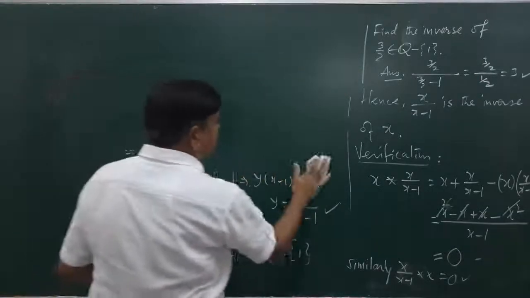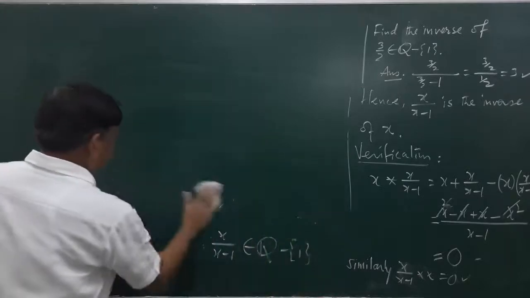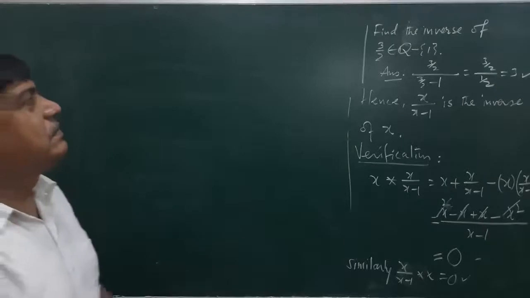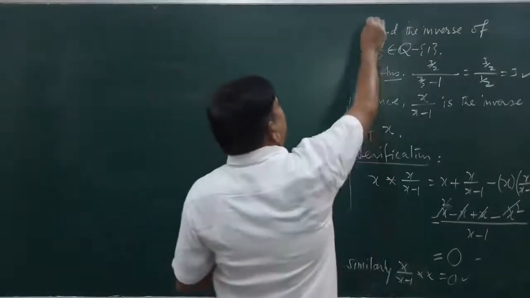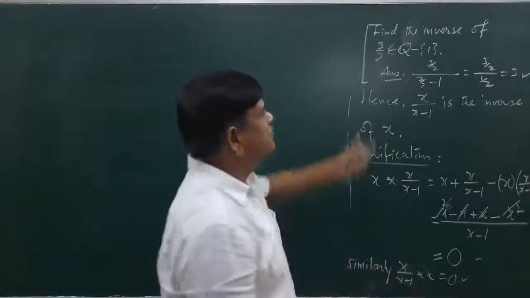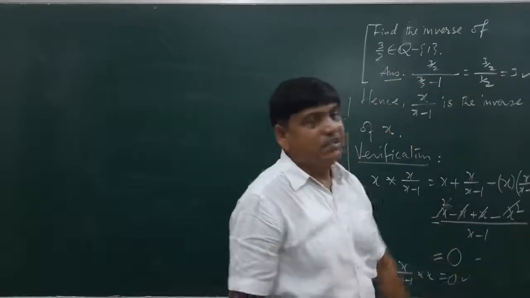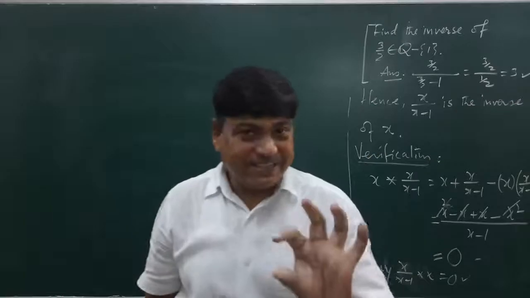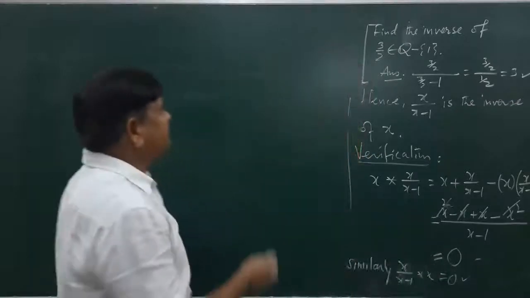Sometimes it is asked in multiple choice. This is extra information. The inverse of 3 by 2 is 3. It means if we apply 3 by 2 and 3, the answer must be 0 under that composition.